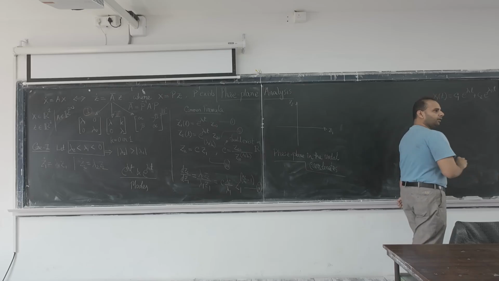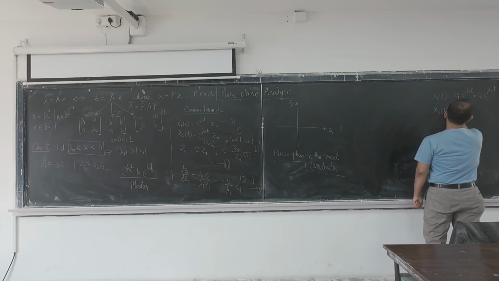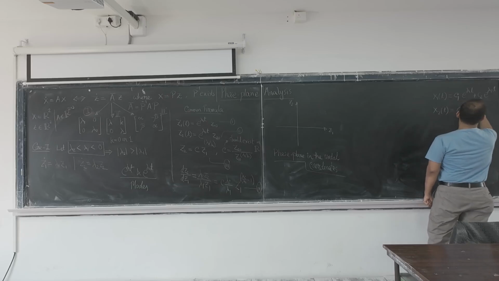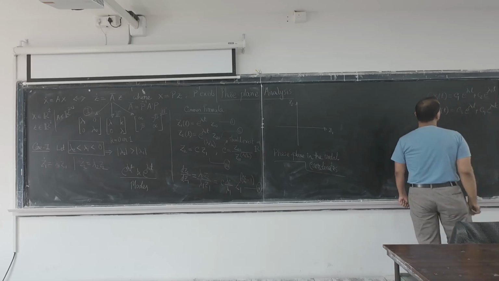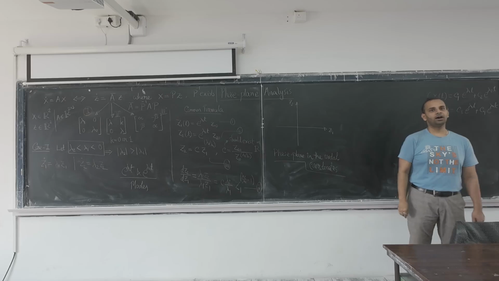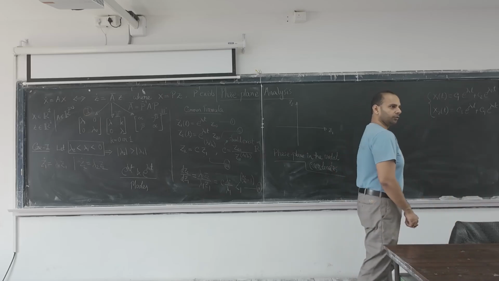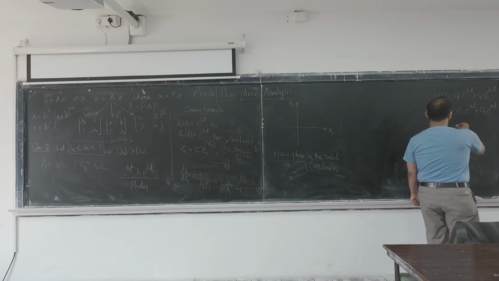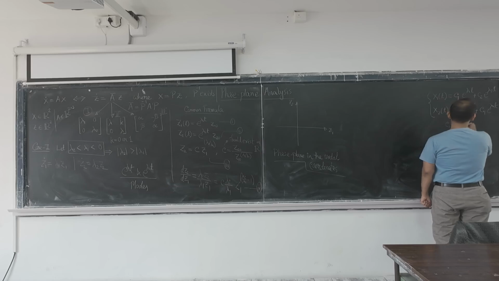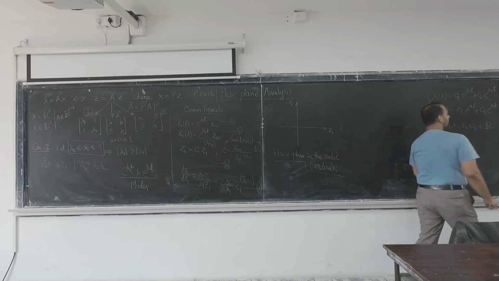Okay, in that way, for any kind of system, c3 e to the power lambda 1t plus c4 e to the power lambda 2t. In that way, once the modes of a system are known, its responses will be the linear combination of the modes. Okay, so that's why the modes are really important for any dynamic system. Here, C1, C2, C3, C4 are all real numbers.